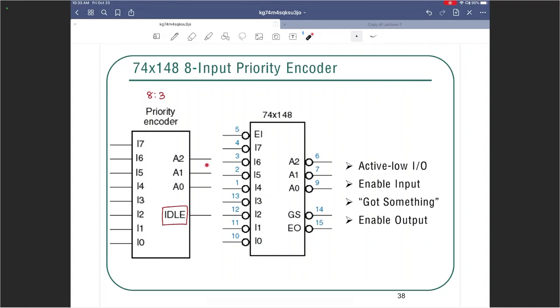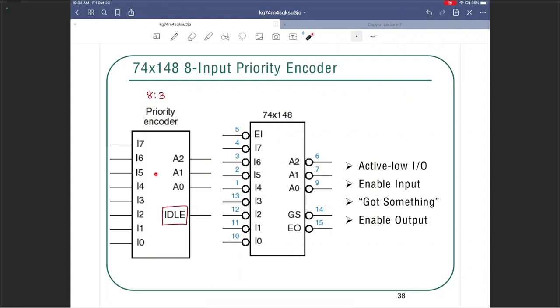The criteria here is that only one of the inputs can be active, and because it's the user's responsibility, the user might mess it up, which means that there should be some mechanism inside the chip itself that makes sure that we have some sort of priority.